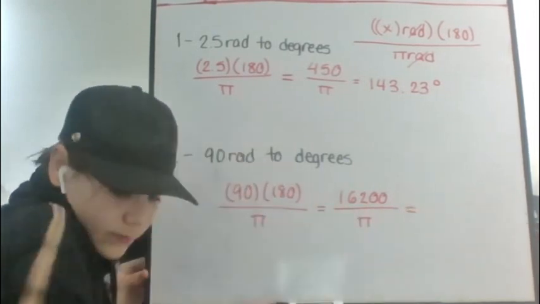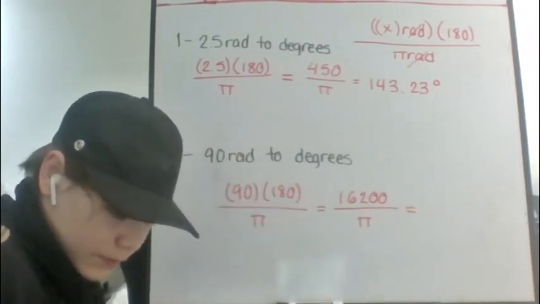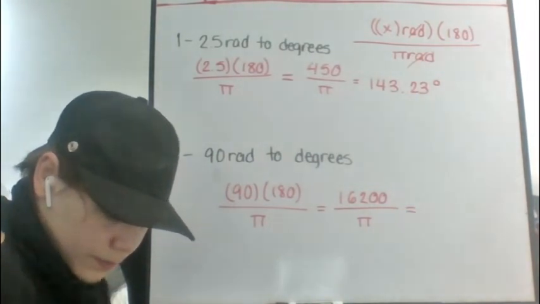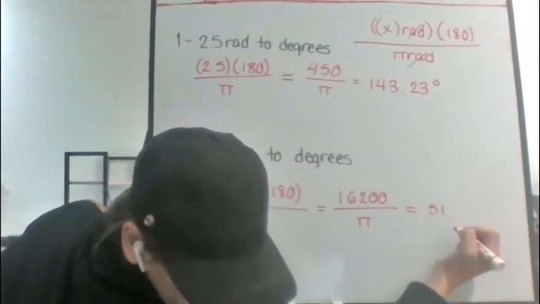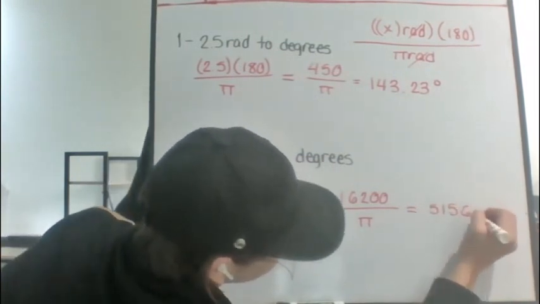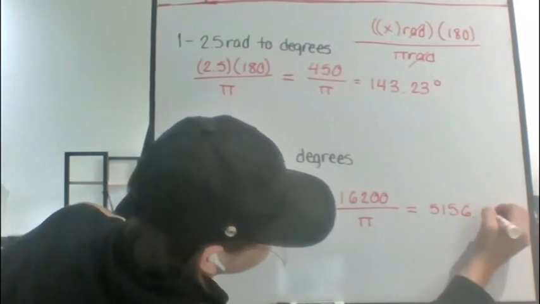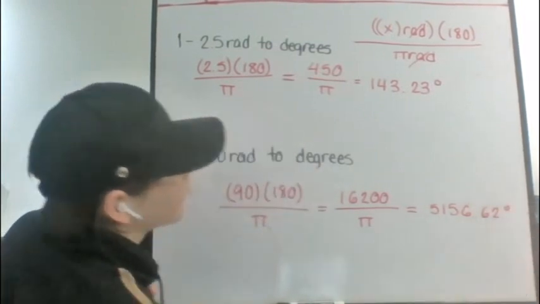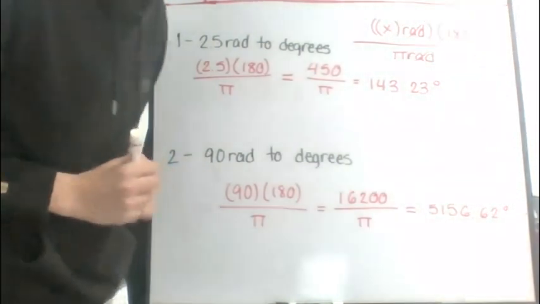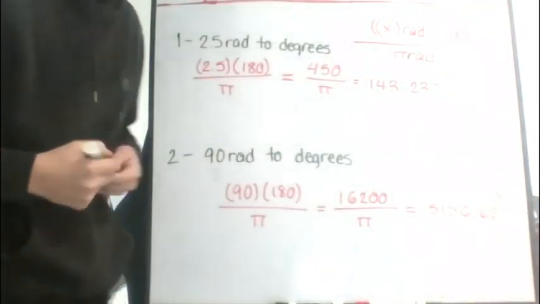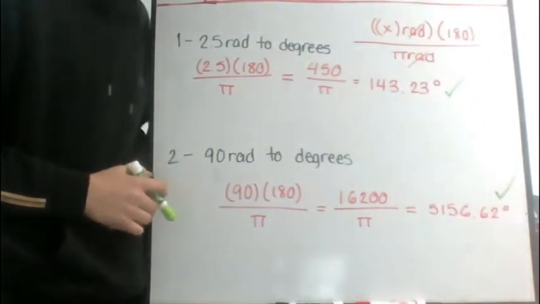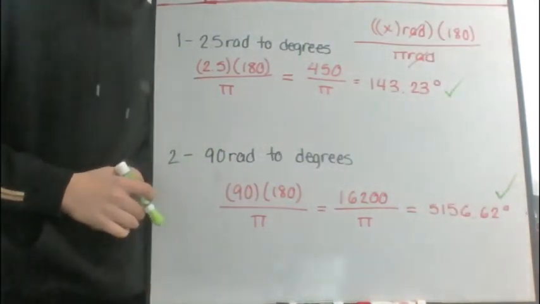And this will be 5,156.62. And that's all. Those are the answers for these problems. And as you can see, it's very simple and it doesn't need a lot of procedure or anything. So yeah, these are the answers for the problems of radians to degrees.